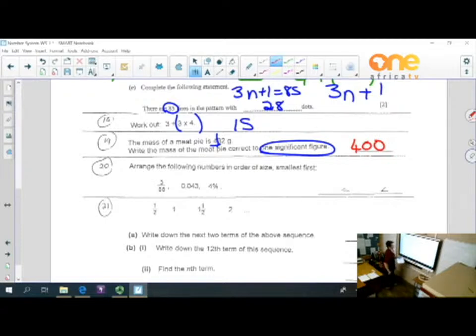This was 1,000 there. Arrange the following in order of size. We change them all to decimals. We've seen this now. 0.03 divide by 88. 0.03409. Got that one, and that one is 0.04. Again, when we have to compare them, we look at the first decimal place.